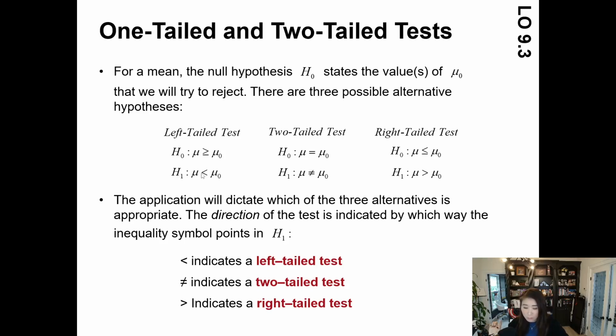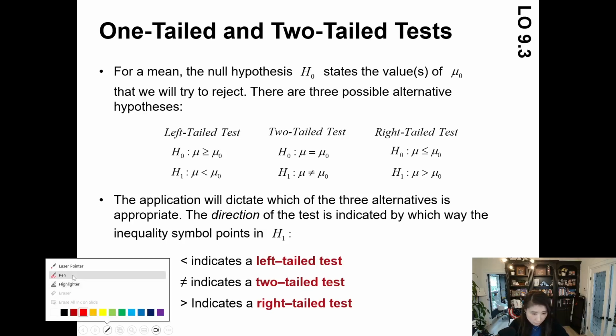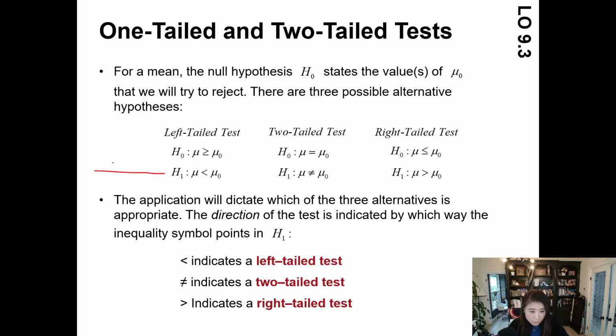I'm going to show you a diagram later, but I also want to introduce it here already. Just thinking about our normal distribution, let's say this is mu0. As you can see here, mu smaller than mu0, when you think about smaller than, it has to be on the left-hand side of your distribution.